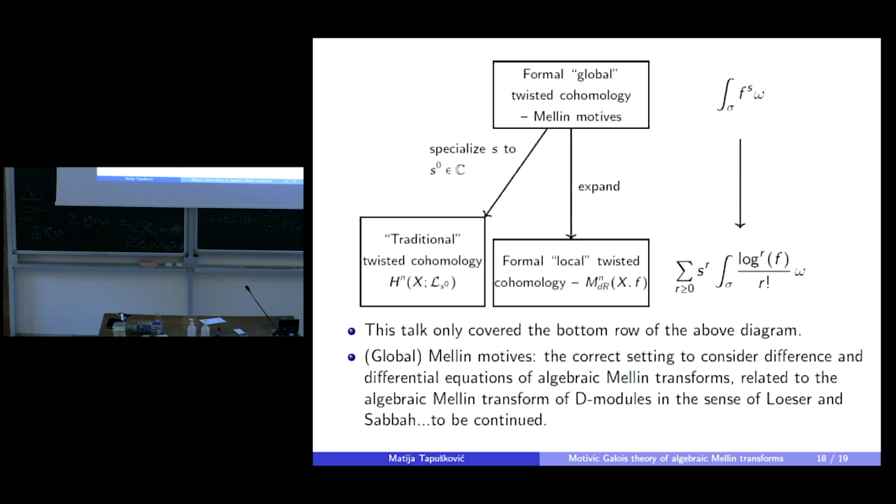They're related to the algebraic Mellin transform of D modules in the sense of Lozère and Sabat. In particular, the de Rham realization is a Mellin transform of a D module in that sense. This has also been proved by now, and so this is something that will come later.